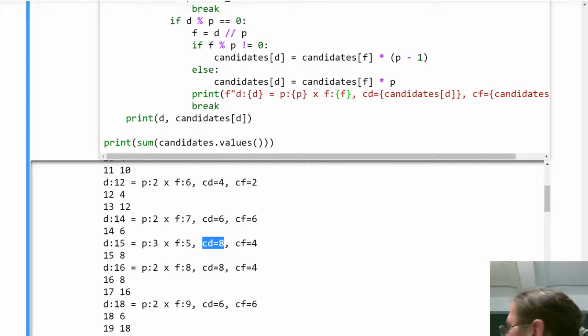I still don't have quite the intuition for this. So yeah, CD is 3 minus 1 multiplied by 5 minus 1.